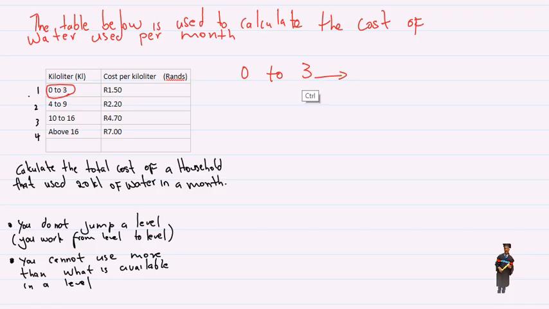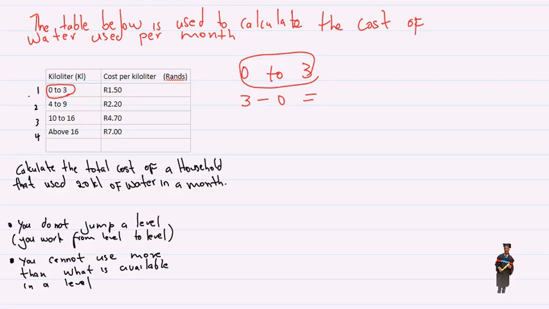When you want to calculate how many kiloliters are available in a level, you go to your range and you take the large number and you subtract the small number. So here we have 3 and 0 because it says 0 to 3. It means we are going to say 3 minus 0. You are always going to do it like this, ladies and gentlemen.